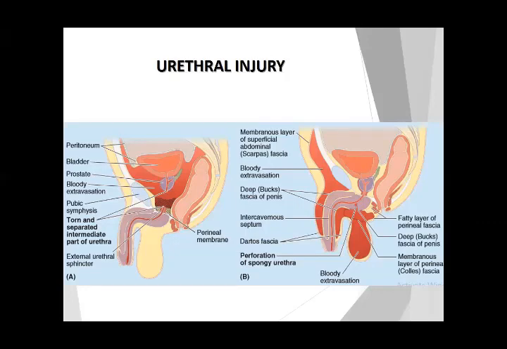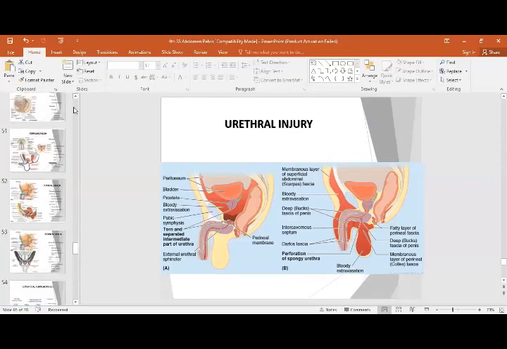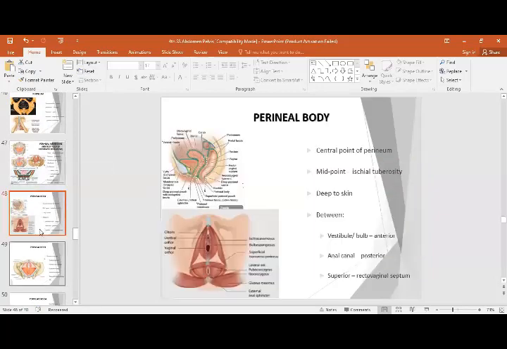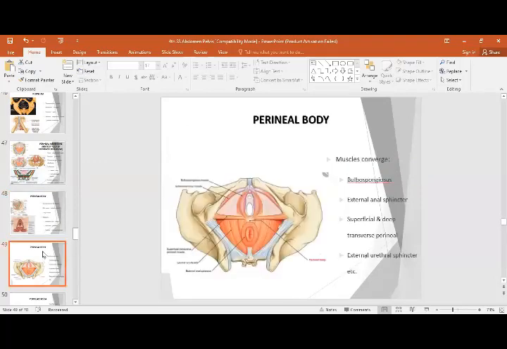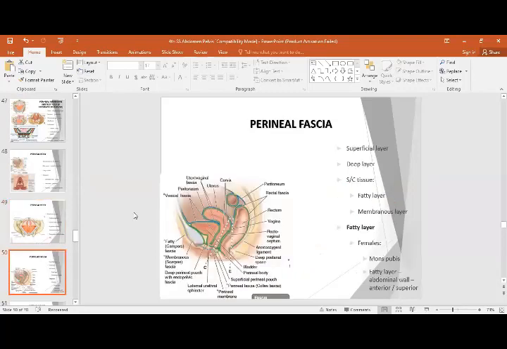Fatty layer of perineal fascia. Okay, one second, please wait. Okay, so I'll repeat it again.